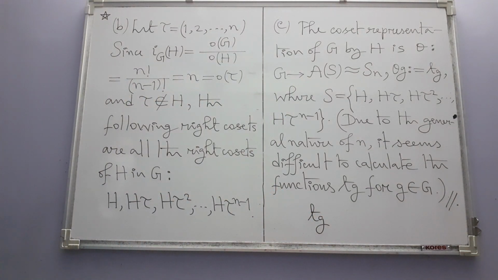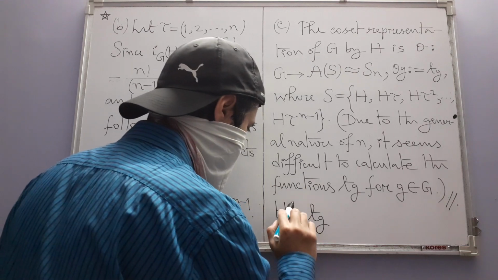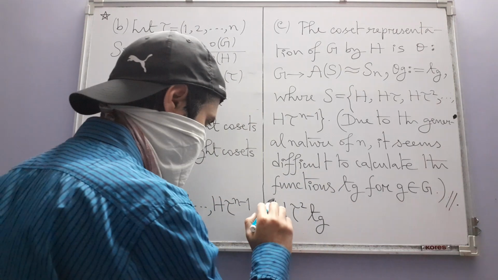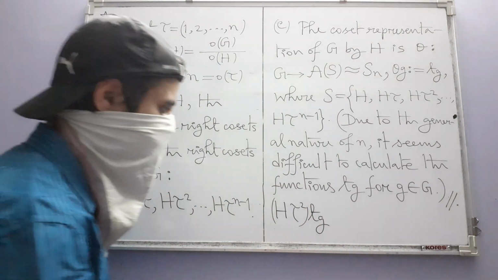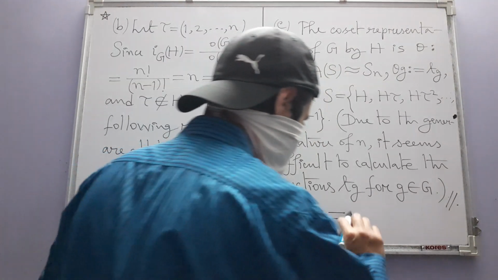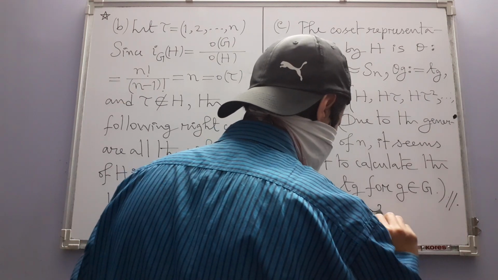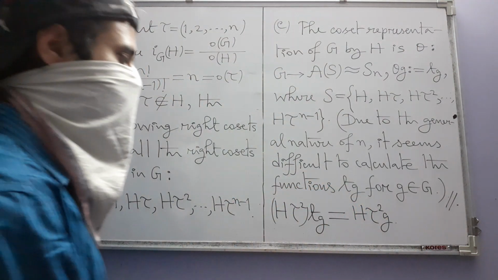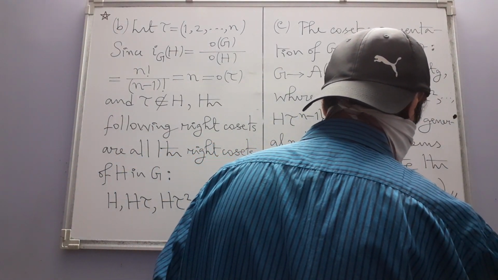Say you try to calculate this, say. By definition of the function Tg, this is nothing but H tau square g, not forgetting that this g is in fact coming from Sn.